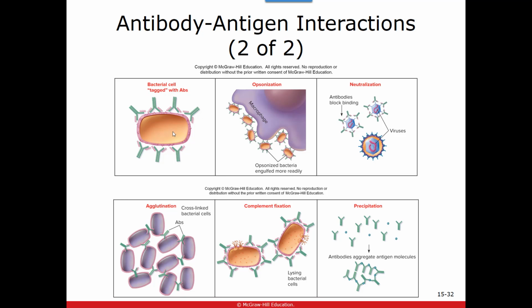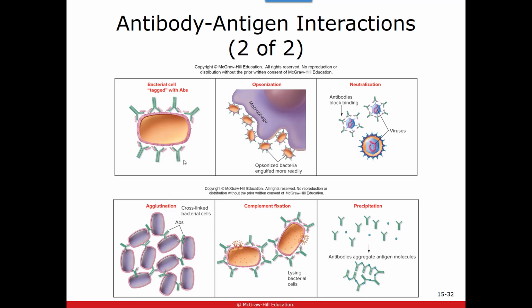Some of these bacteria are almost a little slippery, so our macrophages try to eat them and they can't. But you're not so slippery anymore if you're completely coated in antibodies. So opsonization is just the fact that the antibodies coat the bacteria, which increases phagocytosis.